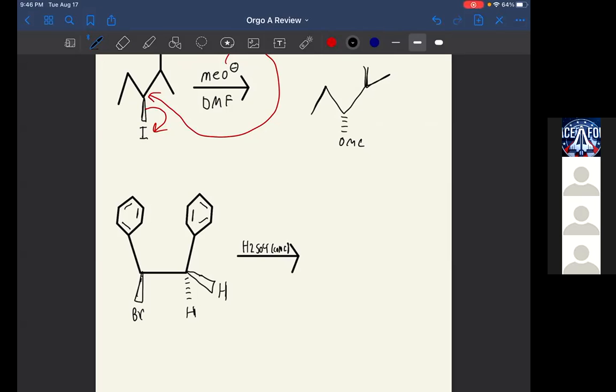And the thing that I told you about the E1 mechanism is it always follows Zaitsev's rule, meaning it's always going to form the most stable alkene no matter what happens. So you'd think that this bromine would eliminate and would form, pretend bromine's off, you think it would form this and just leave it like this. However, since it is that E1, these functional groups are actually going to be forced to rotate.